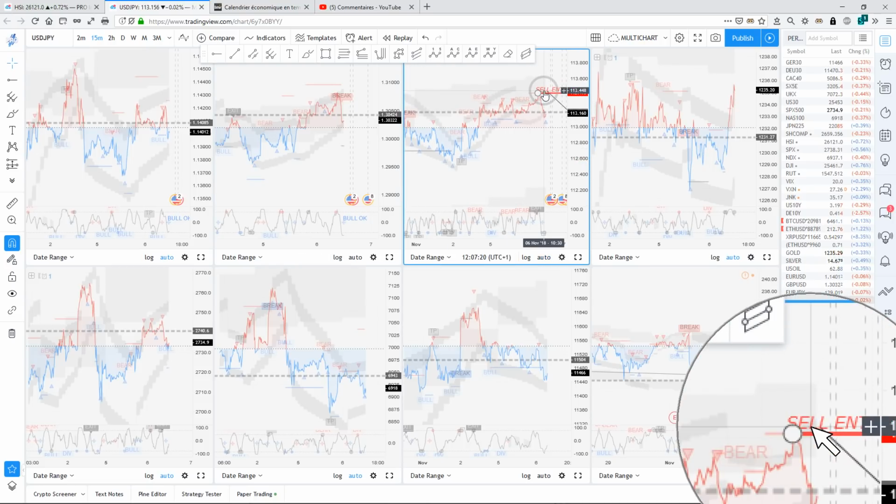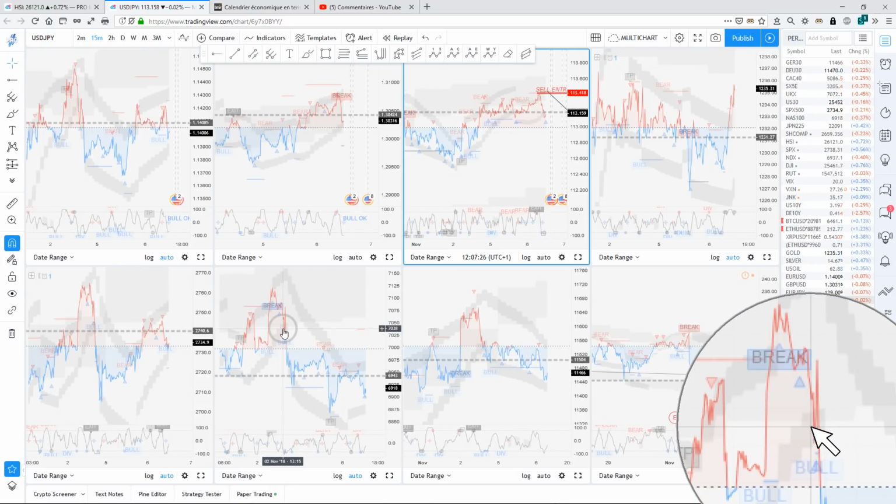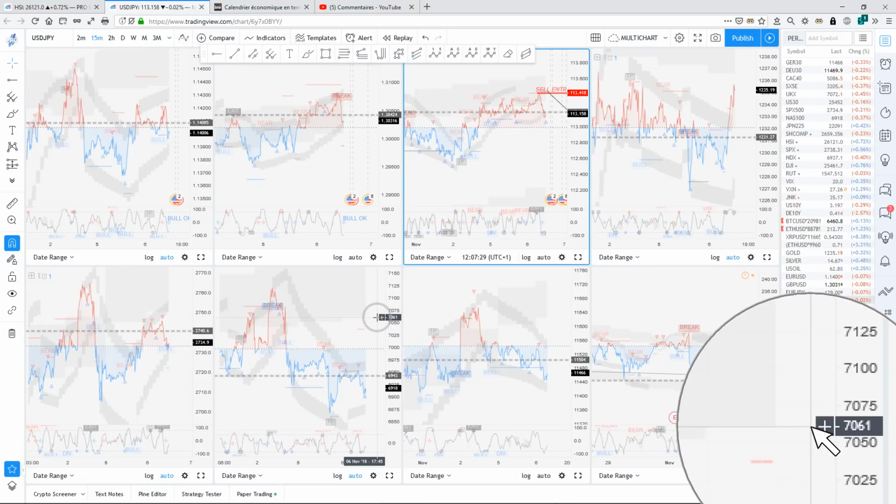And I said these two are the ones I would trade on an intraday basis using that strategy, because you don't want to trade everything. You're not trading the asset you like. You're trying to trade what's offering the best opportunities today.